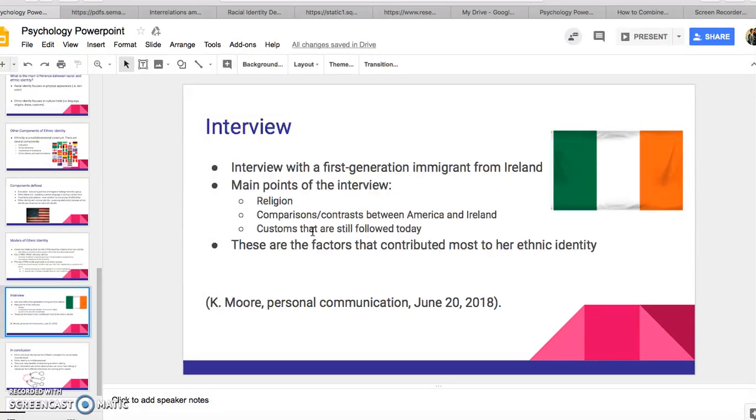And then she also talked a lot about cultures that she still follows today. So a lot of different Irish cultures, like holiday customs that she still adheres to today. So those are the factors that were highlighted in the interview.